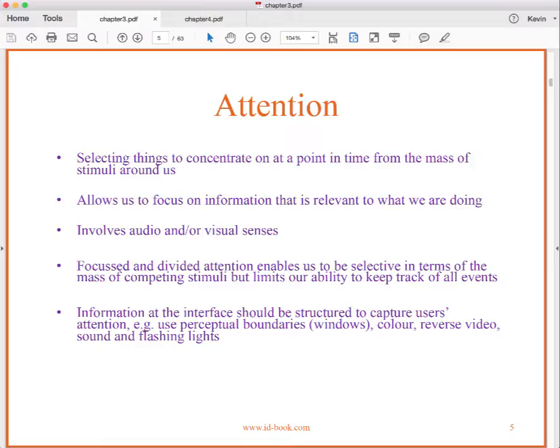Focused and divided attention enables us to be selective in terms of the mass of competing stimuli, but limits our ability to track all events. So we're in this kind of tension. On one hand, if we don't let in enough of the stimuli, certain events that we care about will go by without them coming to our attention.